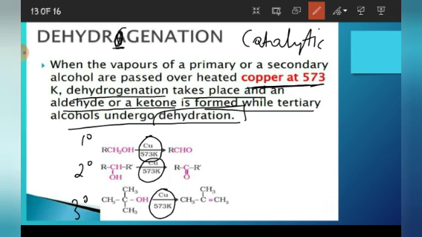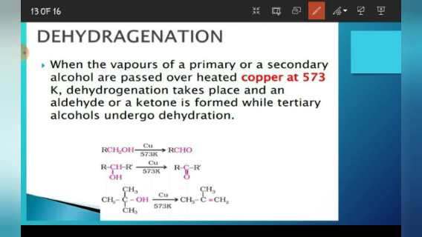You all know what dehydrogenation is: removal of H2. These two reactions are removal of H2. Look carefully. Here one H and this H will be removed and the final product will be aldehyde. In the 2 degree alcohol also these two H will be removed and the final product will be a ketone.